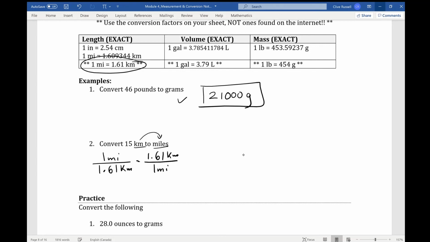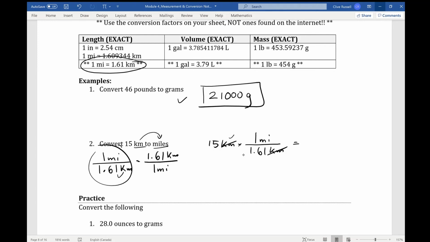So now we have 15 kilometers, and we have to multiply that by a unit factor. Now we have kilometers in the numerator, so we want kilometers in the denominator, so we use the first one. So 1 mile over 1.61 kilometers, the kilometers will go. Now we're left with 15 divided by 1.61.